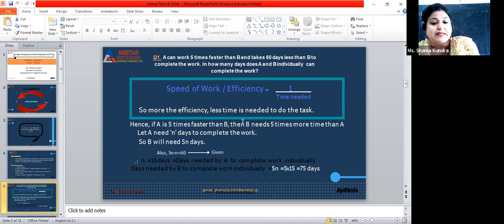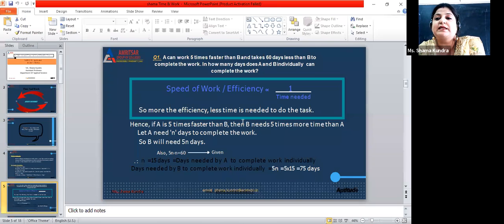A takes n minus 60, and n minus 60 is nothing but 1/5 of the days taken by B. So if B is taking n days, A is taking n minus 60 days, and n minus 60 equals n by 5, because A is 5 times faster than B. That means the time taken by A will be 1/5 of the time taken by B. See here, it is 5 minutes and here it is 1 minute, that is 1/5.